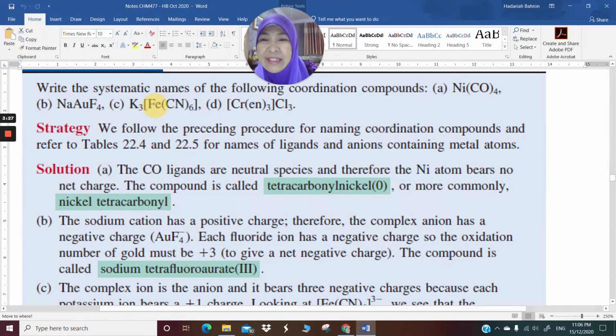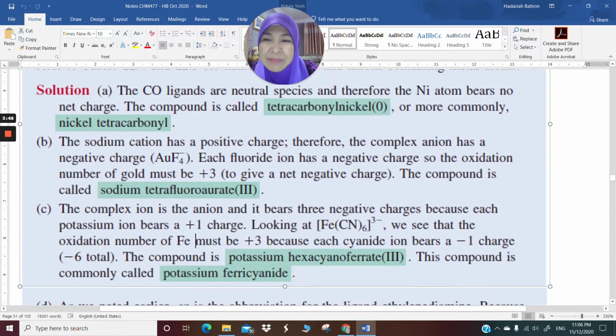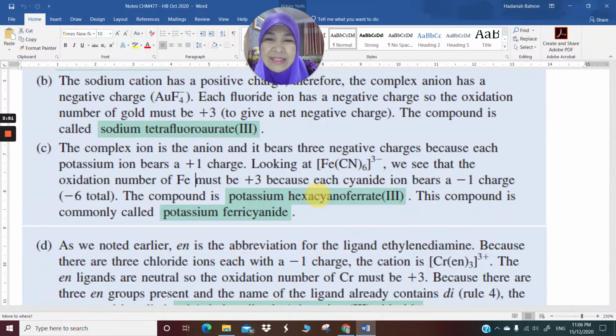And iron here is +3. How do I know +3? Because 3 plus 3 minus 6 is equal to 0. The whole thing carries with it 0 charge because it's a neutral compound. So potassium hexacyanoferrate(III).